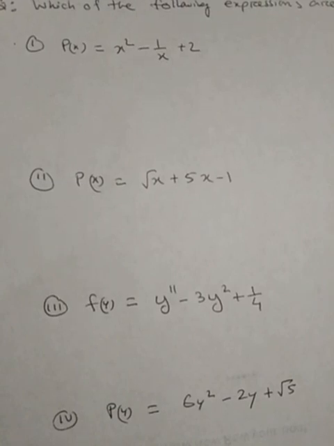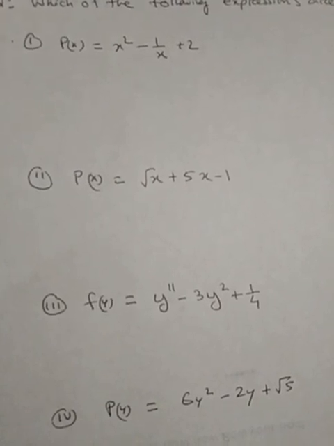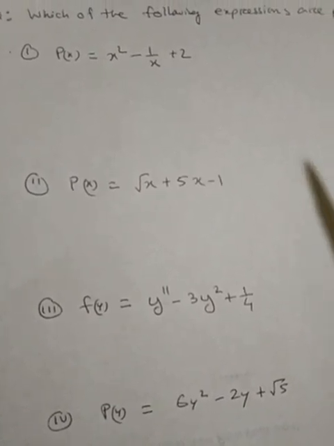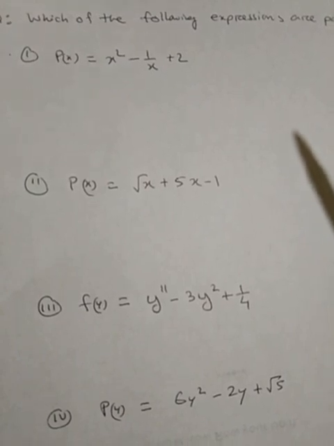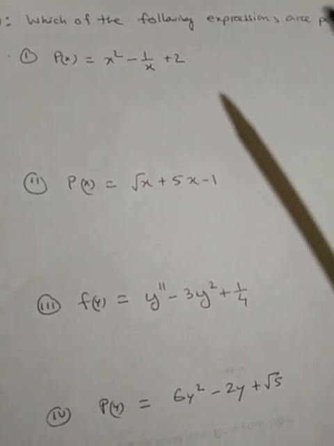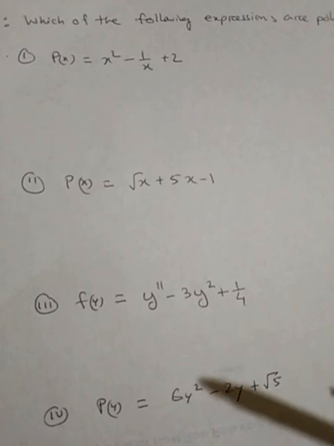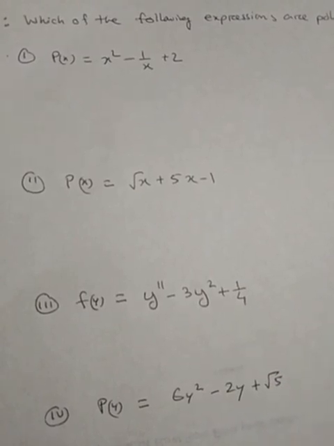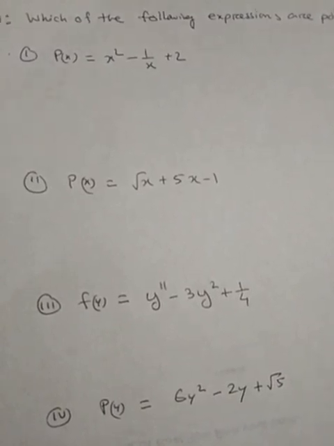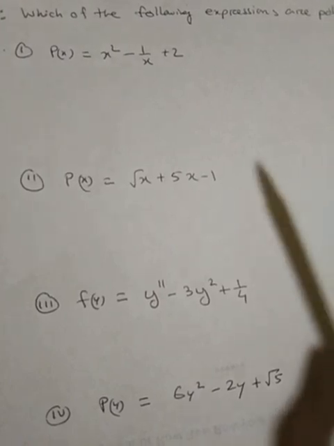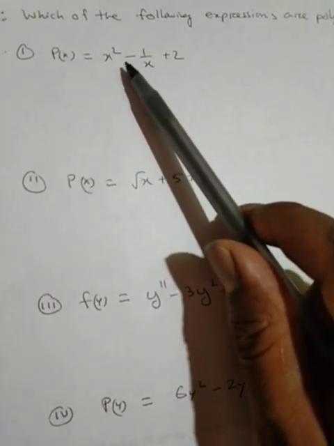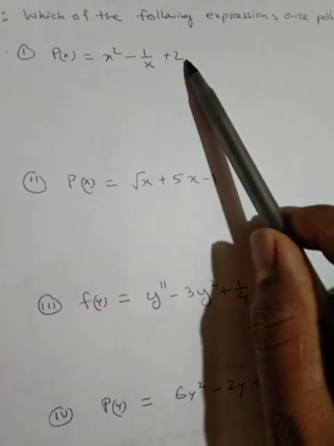Looking at the definitions of polynomials, here we have one question where we have to identify whether these expressions are polynomials or not. So the first expression is given, p(x) equal to x square minus 1 by x plus 2.